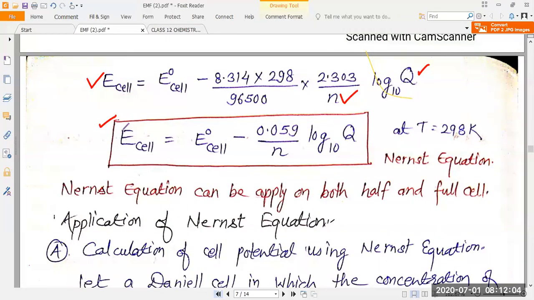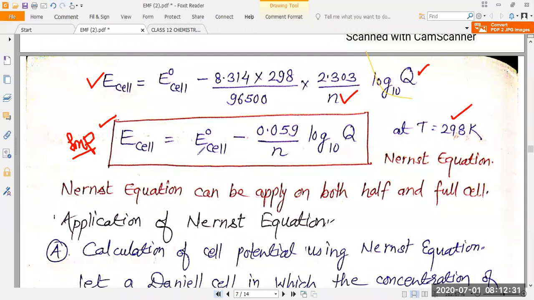So this is the Nernst equation for the potential of the cell. We have to remember this equation to solve the numerical problems. It is very important, and it is useful to solve the numerical problems of our chapter electrochemistry. Here the temperature will be 298 in most of the cases.